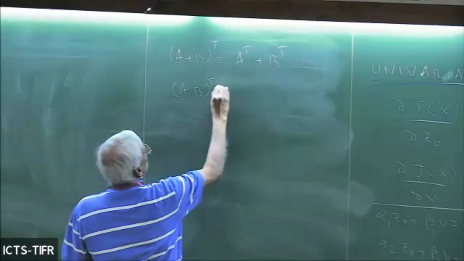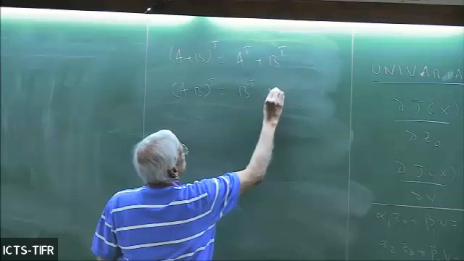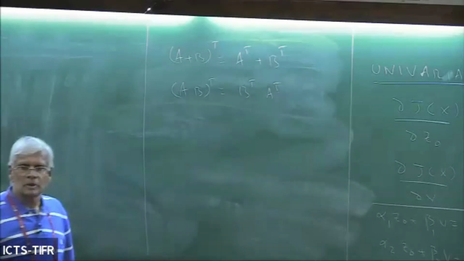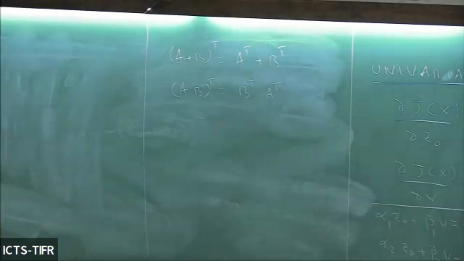AB transpose is equal to B transpose A transpose. This is what you learn in linear algebra. This is what I would have given. Please understand, the linear algebra slide, I have a slide from 35 pages. If I want to expand all the 35 pages, it's a one semester course.